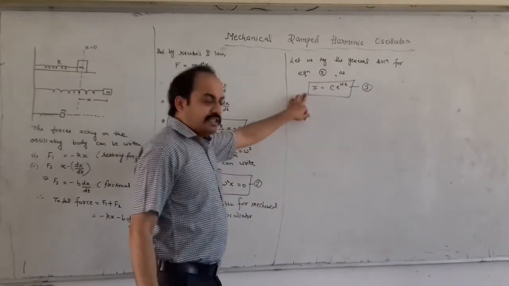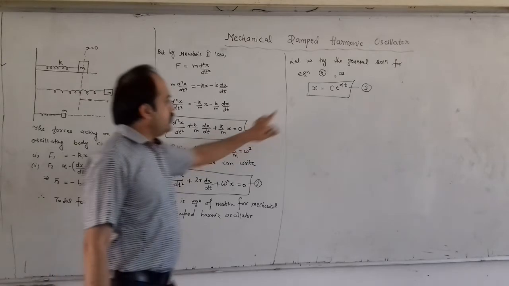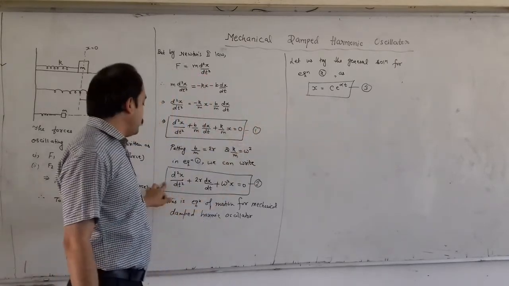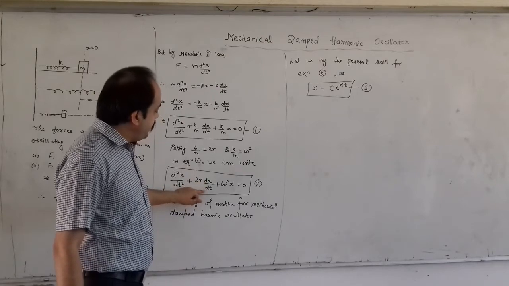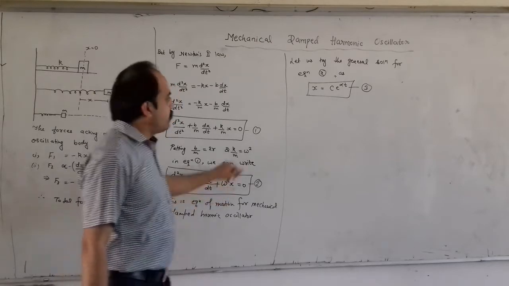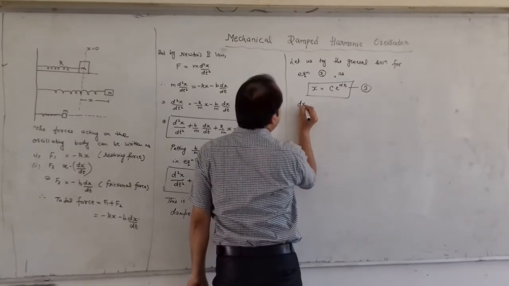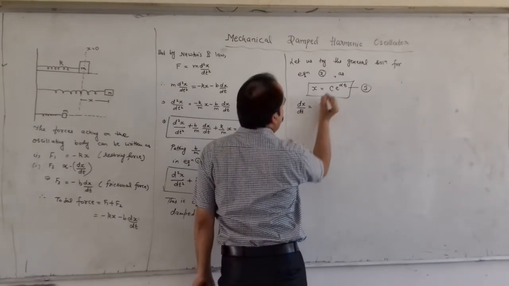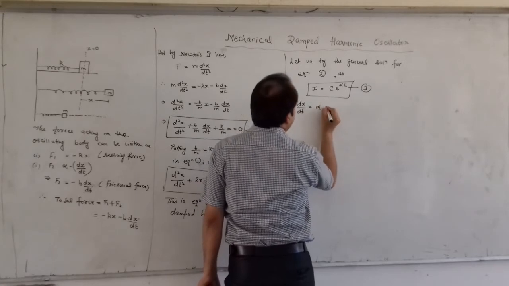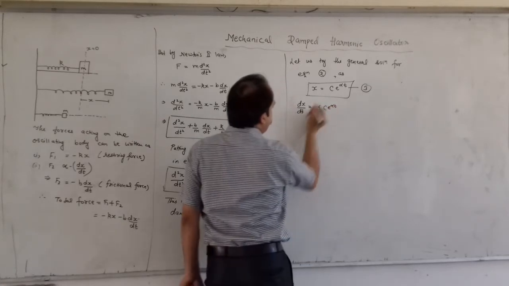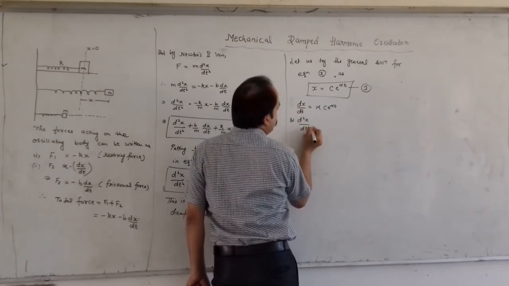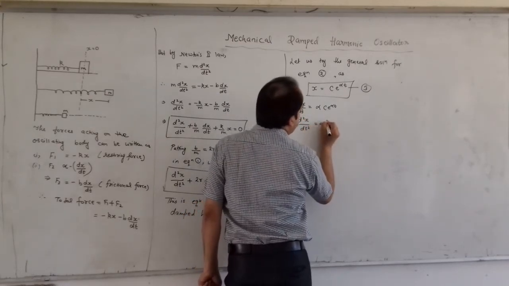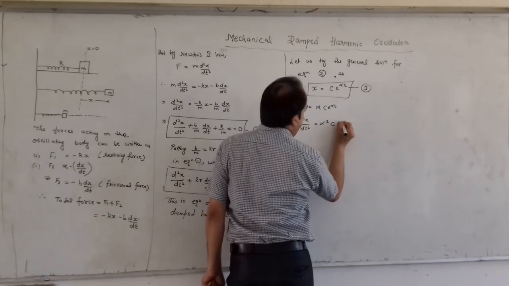As this is the solution for the equation, it must satisfy the equation. So we have to put d2x upon dt square, dx upon dt, and x from this equation. We can write dx upon dt equal to alpha c e to the power alpha t, and d2x upon dt square equal to alpha square c e to the power alpha t.